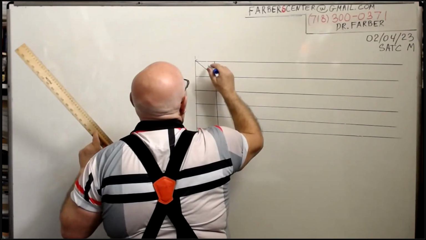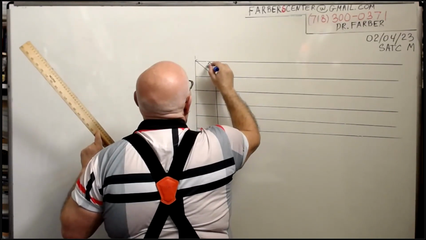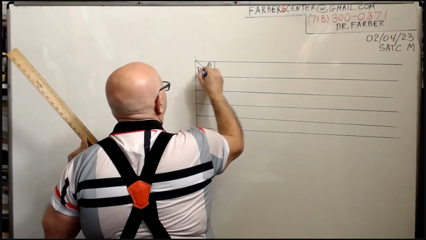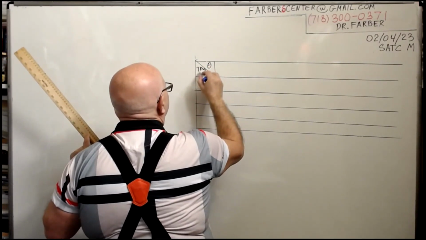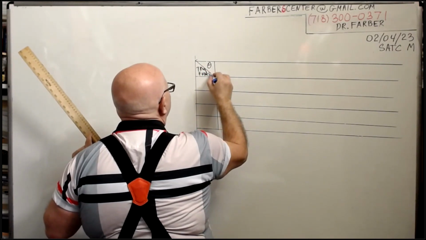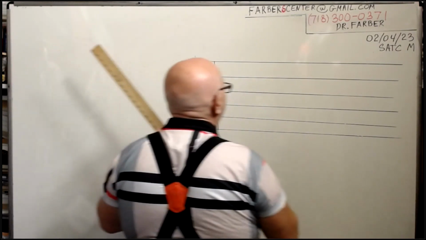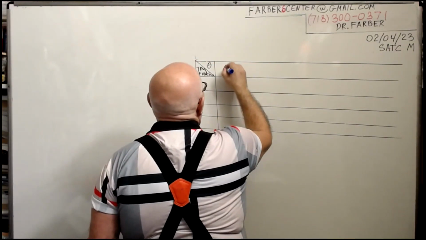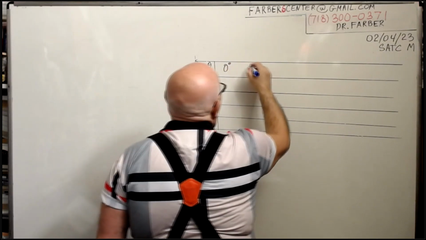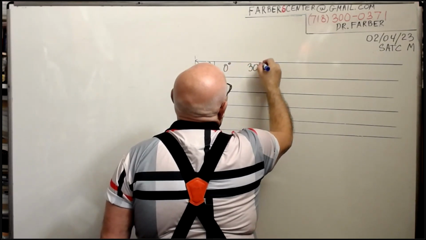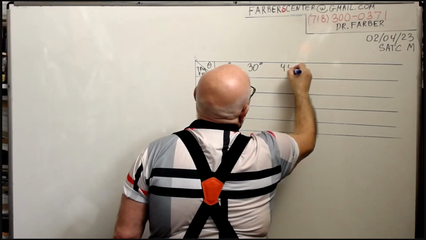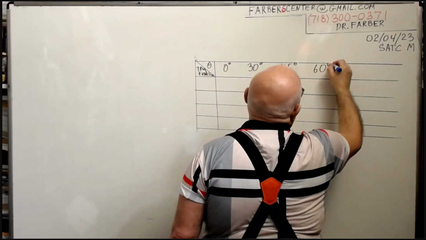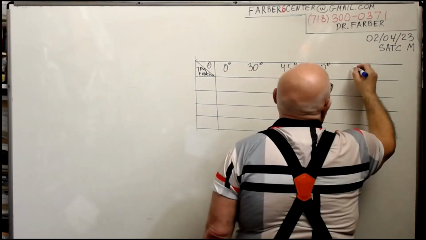And this theta is the angle, and this is the trig function. Make some notes. And we have very specific angles you need to know. For instance, 0 degrees, 30 degrees, 45 degrees, 60 degrees, and 90 degrees.